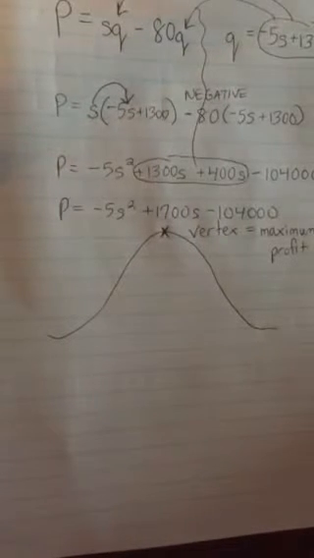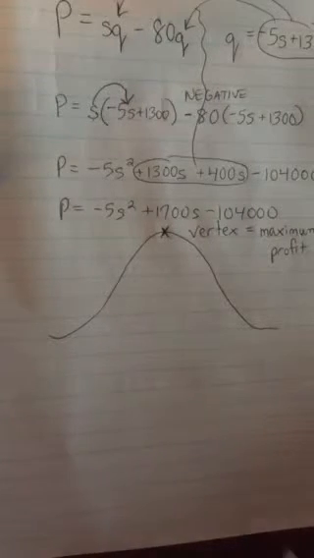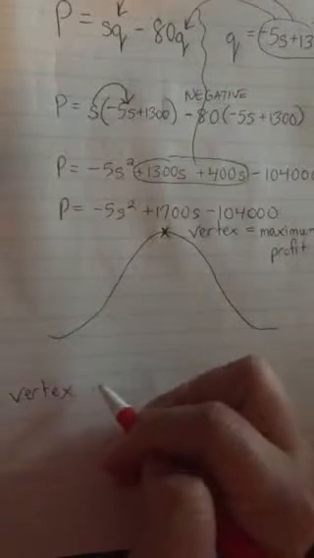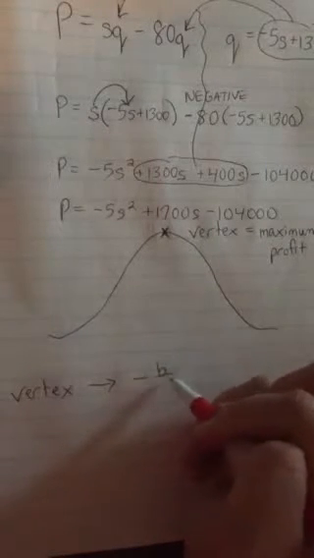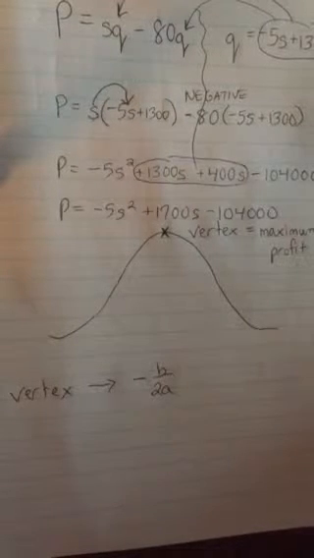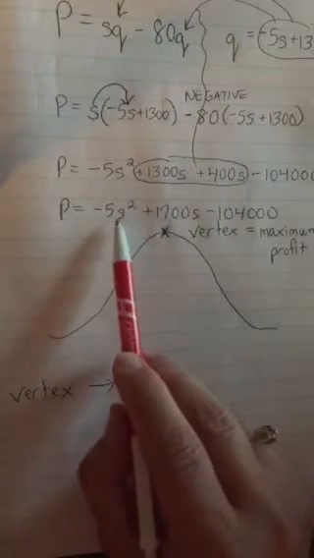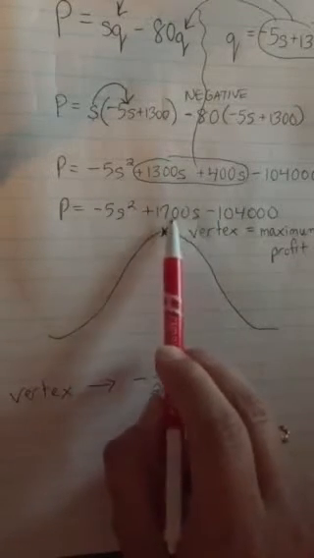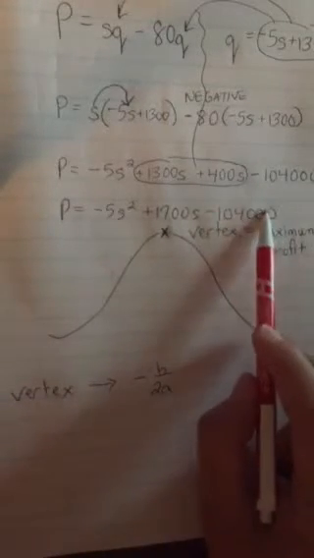And so what we need to do is go back to the notes again where we learned in 9.1 about vertex. To figure out the vertex of a parabola, we want to use the formula negative b over 2a. And so at this point, what we want to do is identify our b and our a from our equation. So remember, a is the coefficient of the s squared, and b would be the coefficient of s, and c, which doesn't apply to this one, is always going to be the constant.